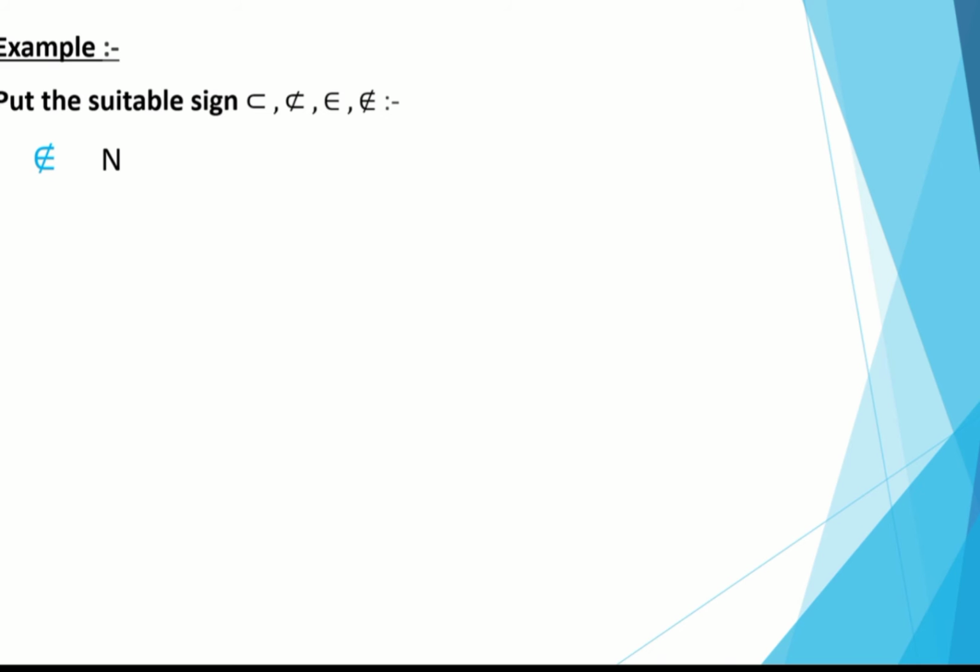Not belong. -2 and the set of Z: -2 is an element, so I will use belong or not belong. -2 belongs to Z. Is 0 an element? We say 0 does not belong to negative Z, does not belong to positive Z, but 0 belongs to Z.